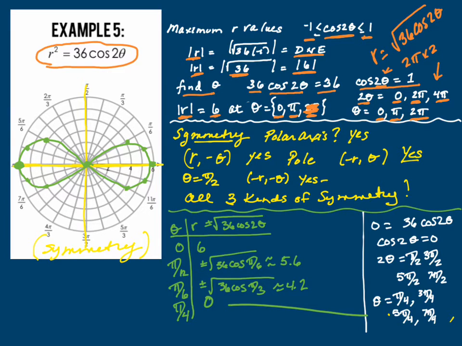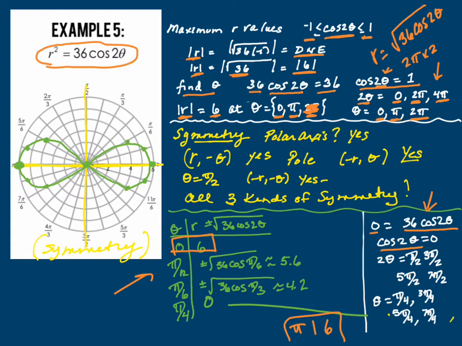So we know that we have 0, 6, so I know this point already, and I know that I have pi, 6 too. I might not need it, but I know I have it. So that's why I don't do the points till the end, because I don't know about symmetry and stuff. So next thing I find out is the zeros. 0 is 36 cosine 2 theta. So where is cosine equal to 0?